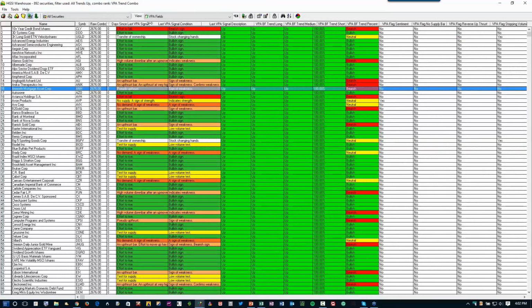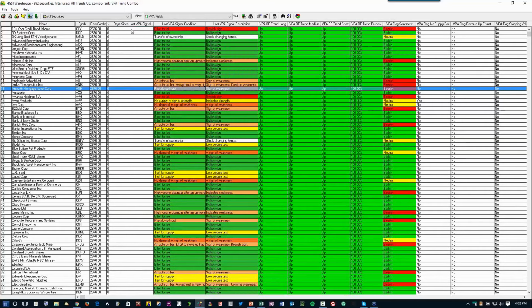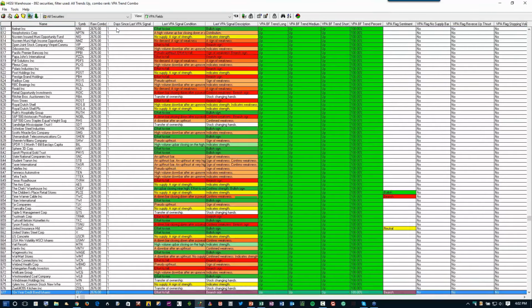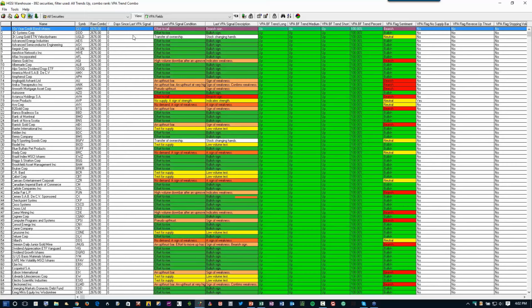I asked him to put it in, and he did. It's the days since the last VPA signal, so I primarily use the last VPA signal condition and the description. Maybe not even the description as much, but I wanted the days since the last VPA signal so we would know how fresh the signals are.